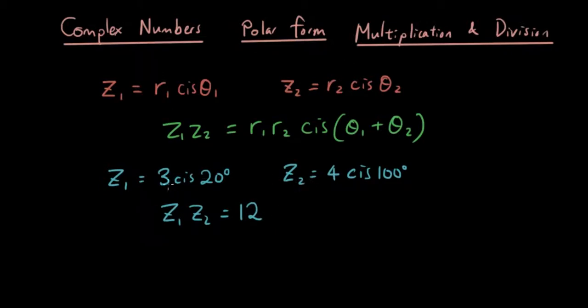So you multiply the magnitude of both complex numbers together, and then you do cis, and then you add together the arguments from both complex numbers, so you have 120 degrees.